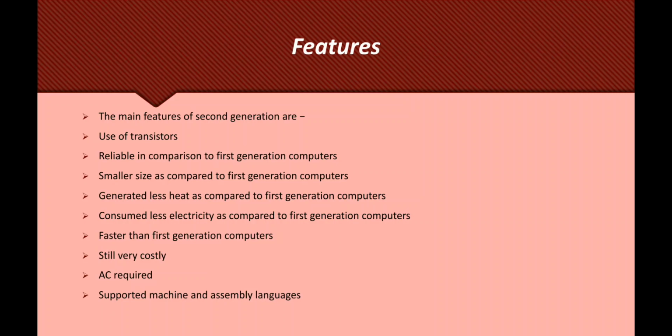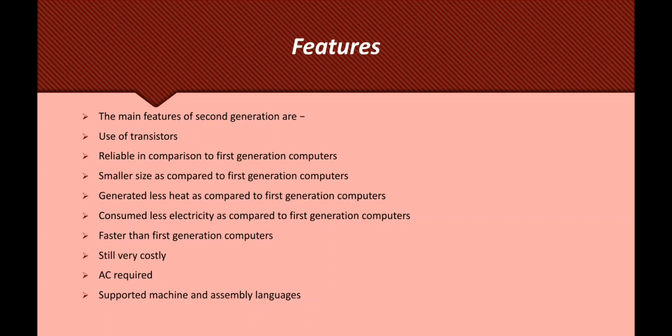So if I compare the first and second generation, there are various advantages in the second generation. They required AC. The cost is still very high, but not as much as the first generation. It supported both assembly language and machine language. This is the second generation computer.